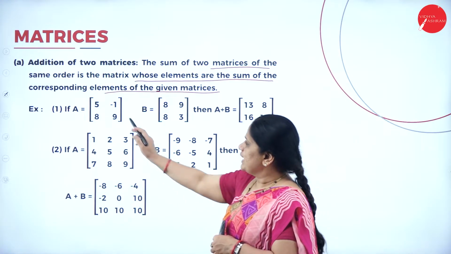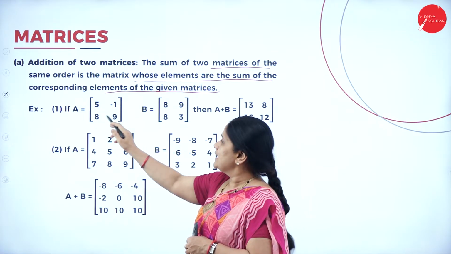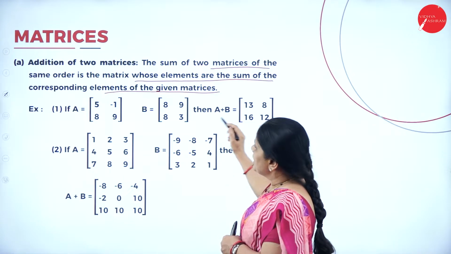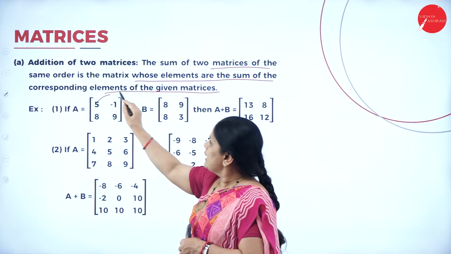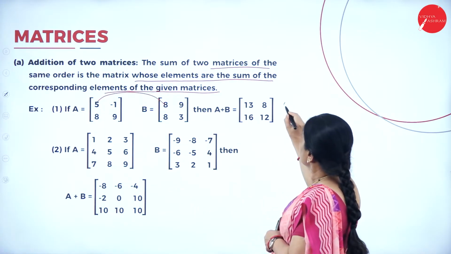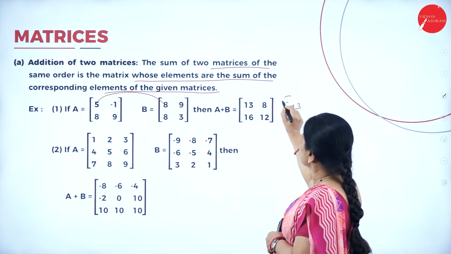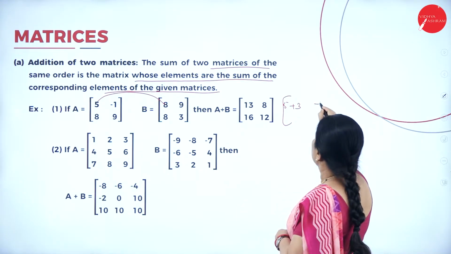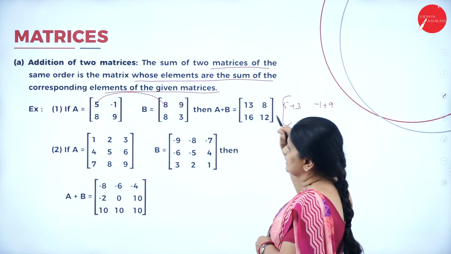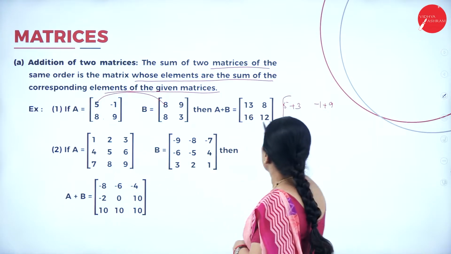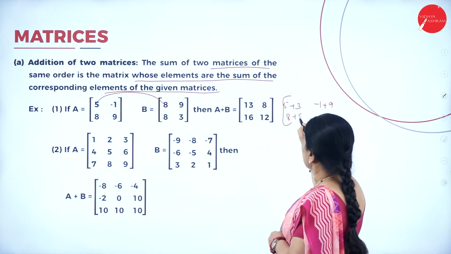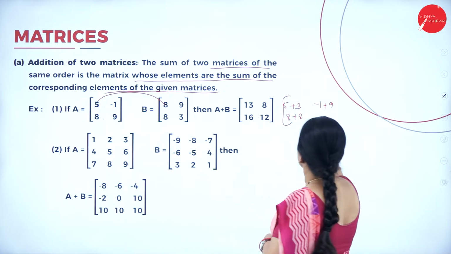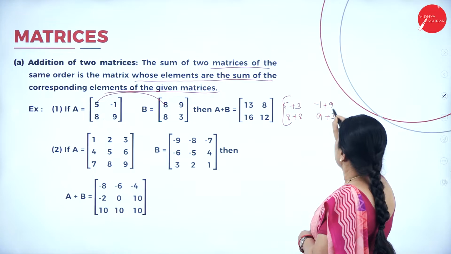Now, suppose A equals 5, minus 1, 8, 9 and B equals 8, 9, 8, 3. Then A plus B will be: we add 5 plus 8, minus 1 plus 9, 8 plus 8, and 9 plus 3.